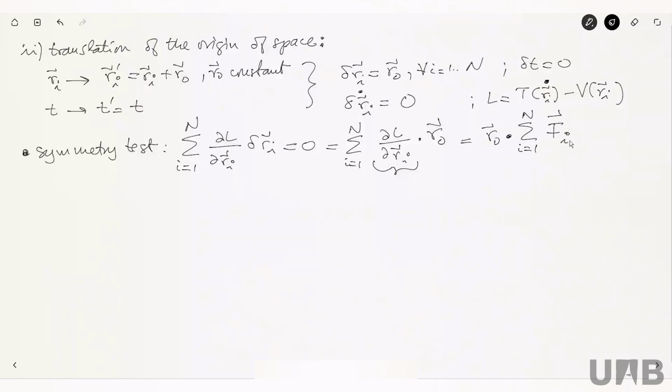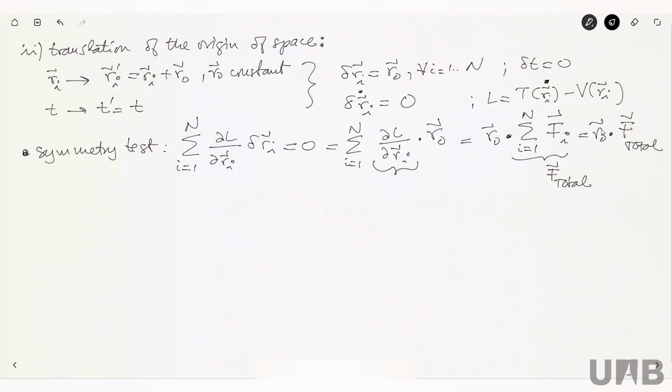This is the force acting on the particle number i, if you wish, right? So I'm summing all the forces acting on each and every one of the particles. So that means that this is the total force. So this is R0 dot the total force. And this has to be 0.